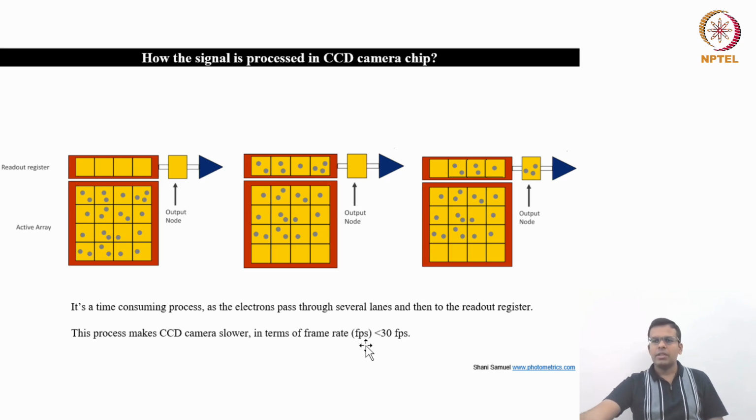Because before transferring these electrons to the output node, this chip cannot collect another set of electrons or photons. So it takes some time. Generally this time is in the range of milliseconds, and generally the CCD camera needs a minimum of 30 milliseconds to transfer all these electrons from the camera chip to the output node and to the computer.